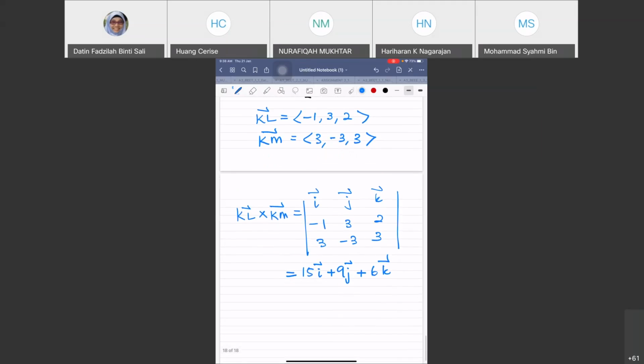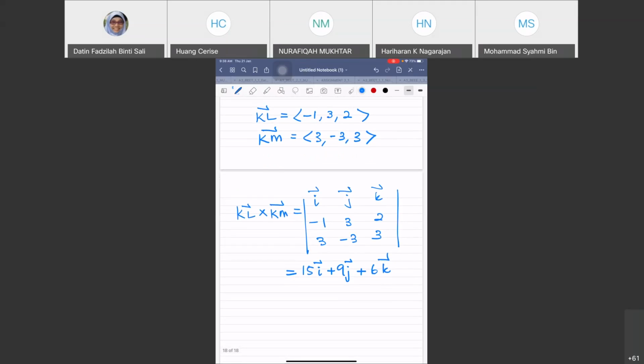Okay, so then only you find the area, right? The area of triangle KLM is half of the magnitude of KL cross KM. So that means half times square root of 15 squared plus 9 squared plus 6 squared.